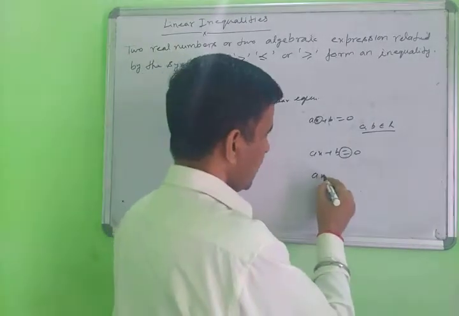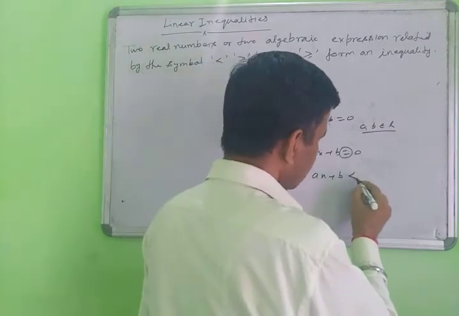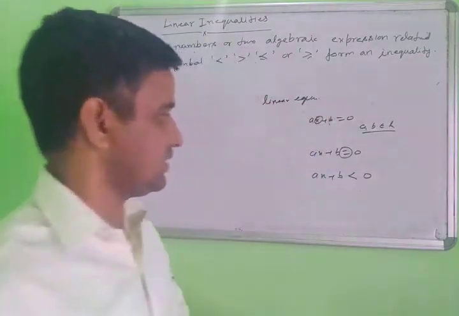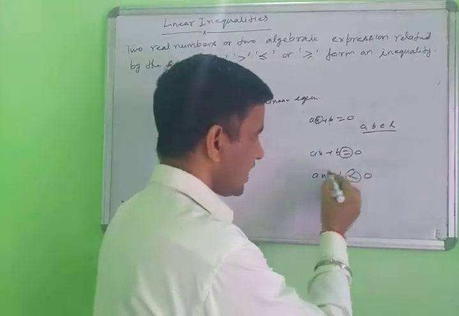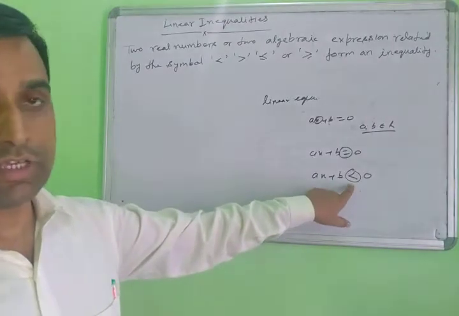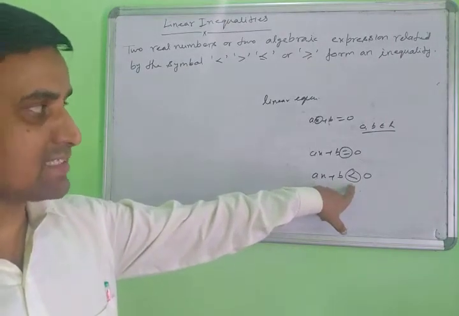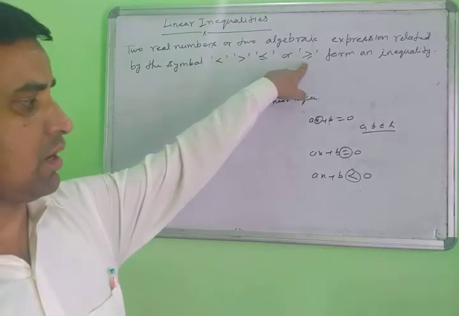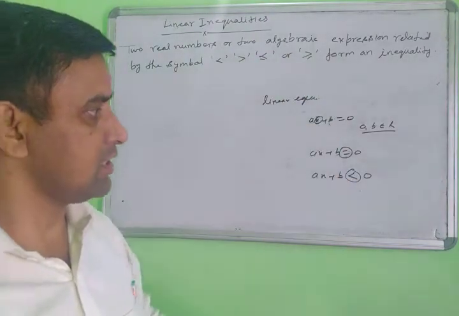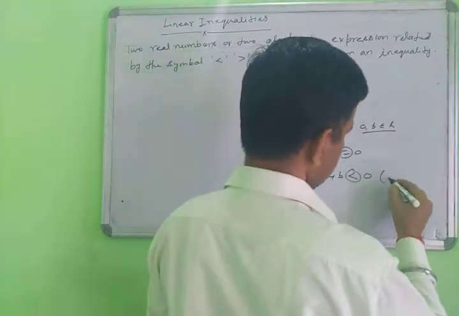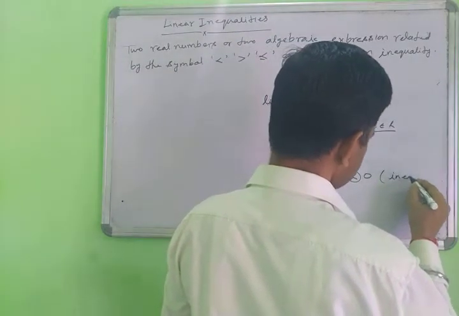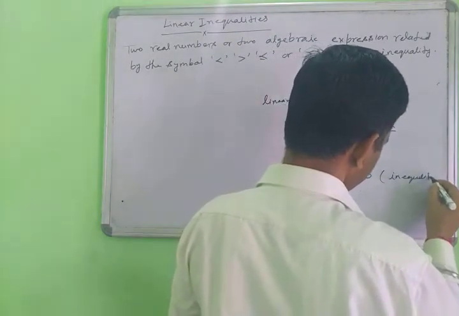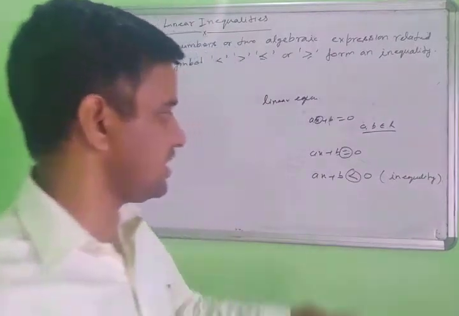Suppose ax plus b is less than or equal to 0. If you use the signs less than, greater than, less than or equal to, greater than or equal to, then it is called an inequality.